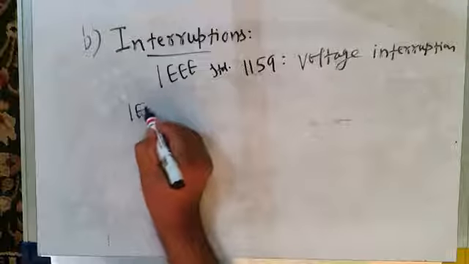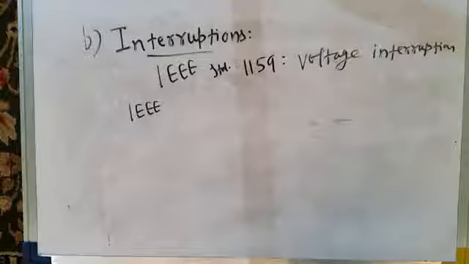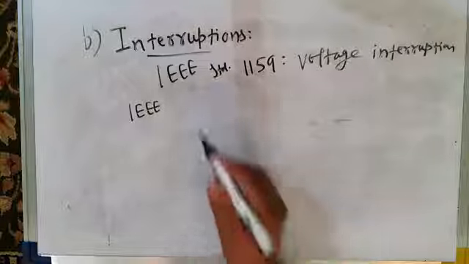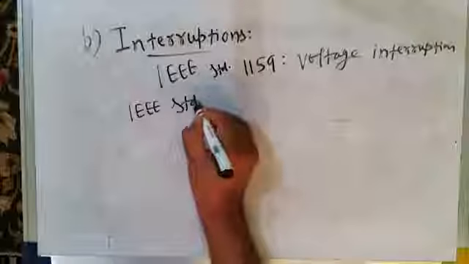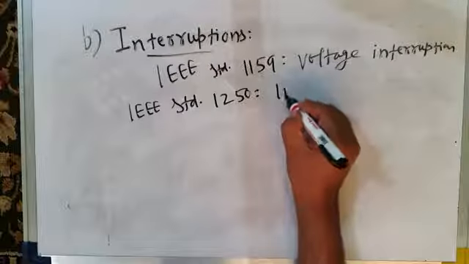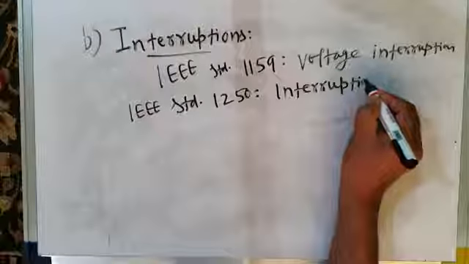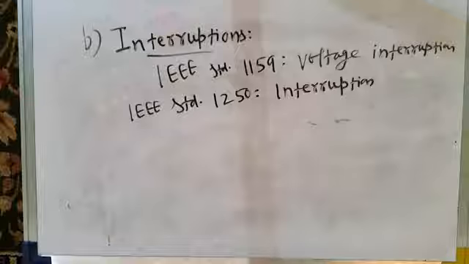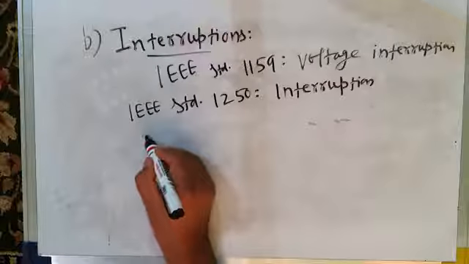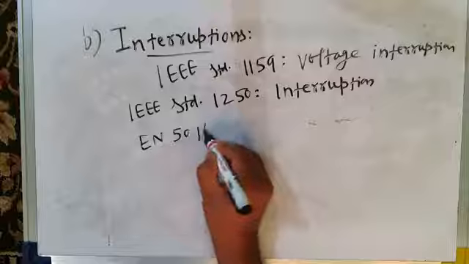There is another IEEE standard, IEEE standard 1250, that simply calls it interruption. It does not call it voltage interruption, it simply calls it interruption. And there is one more standard, EN 50160.